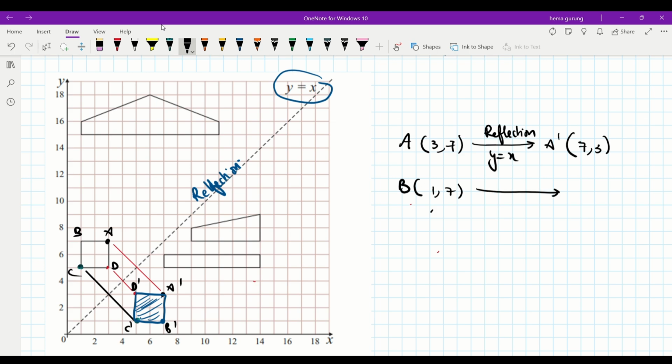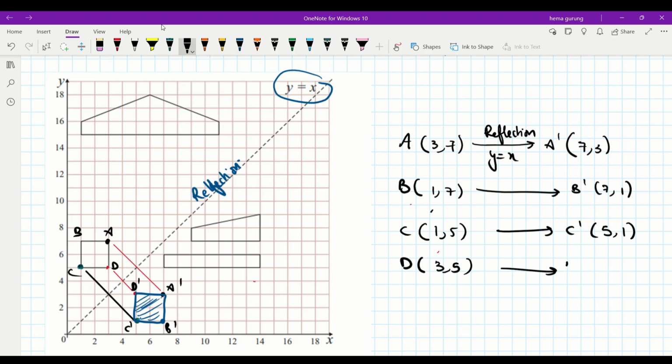And when you reflect it, it will be (7, 1). Similarly, C is what? C is (1, 5). And when you see the image, it will be (5, 1). So similarly for D, (3, 5) and the image will be (5, 3).